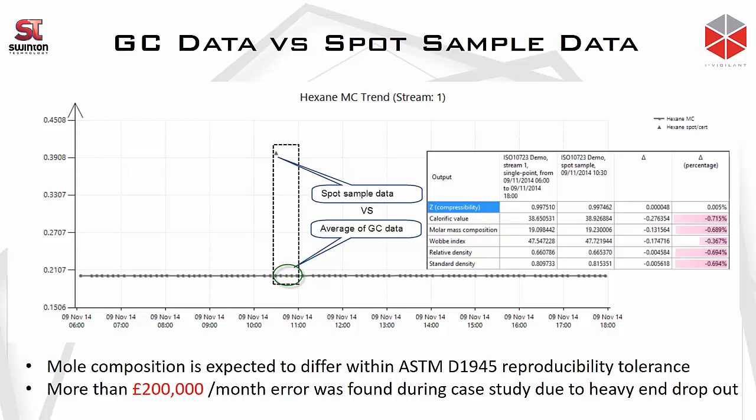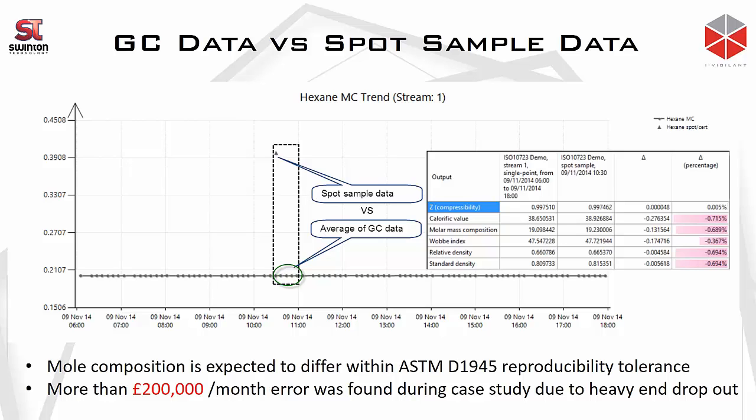So what we tend to see is that the spot sample data, when compared against the GC data on the heavy-end component, can be significantly higher than the average reading of the GC data. In this particular example, the spot sample value of hexane is actually double the average GC reading of the hexane. Now in this particular example, the impact is quite significant. It's around a 0.7% calorific value difference.